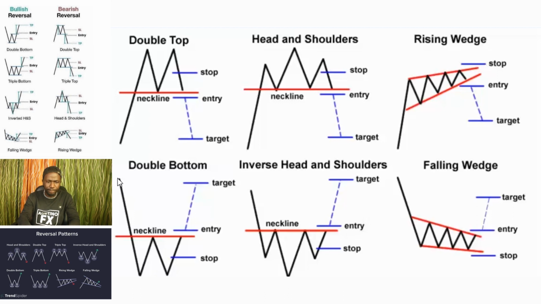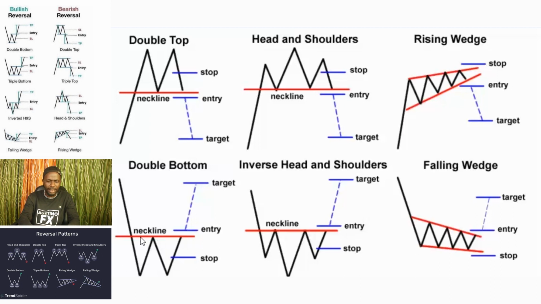But in this scenario, the price was in a downtrend, makes a lower low, then makes a lower high. Normally the price is supposed to break below this previous low to confirm that the structure is still in progress, but instead the price got to this low, and instead of breaking below it, the price reversed from it and continued heading up, forming the shape of a W. So this is what we call the double bottom chart pattern.